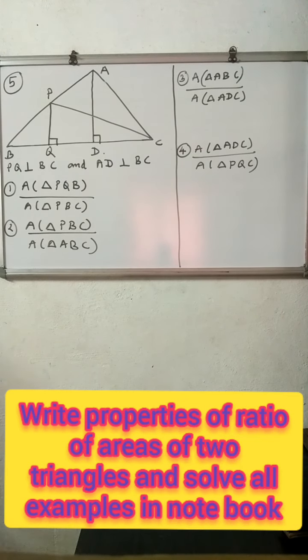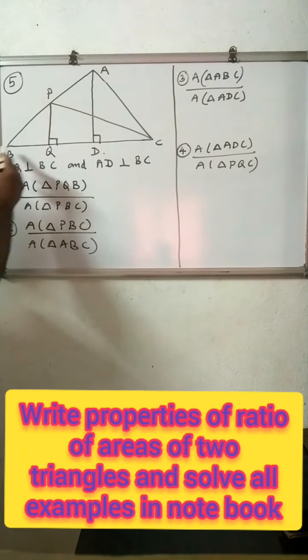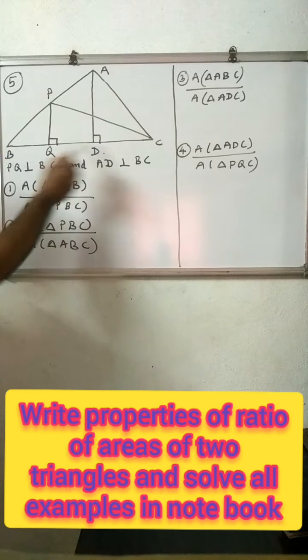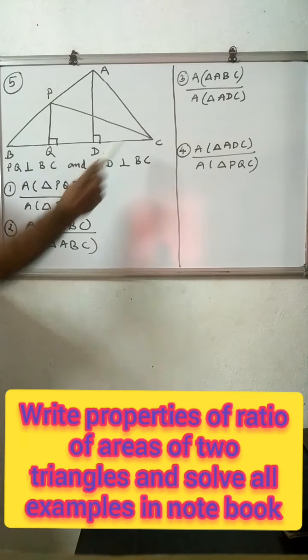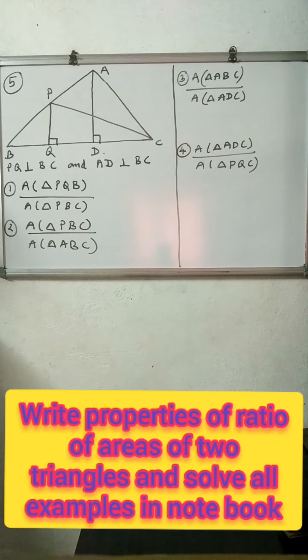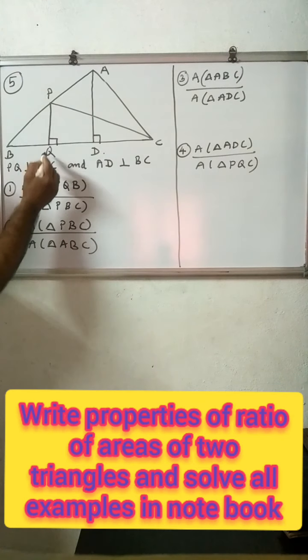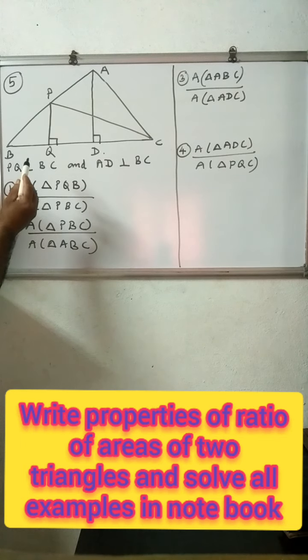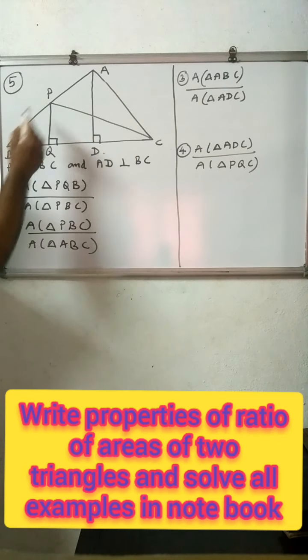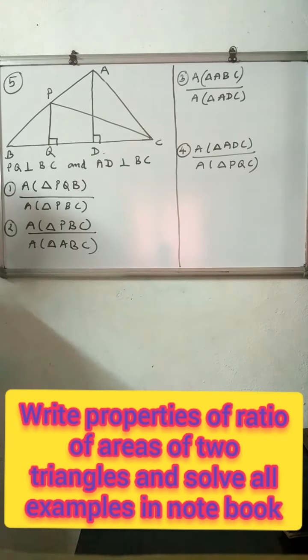Last example. In the adjoining figure, PQ is perpendicular to BC and AD is perpendicular to BC. First find ratio of area of triangle PQB upon area triangle PBC.